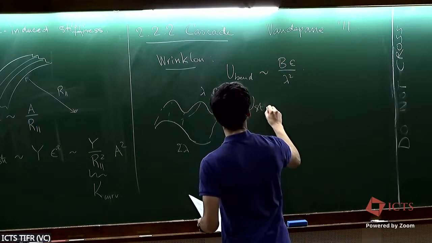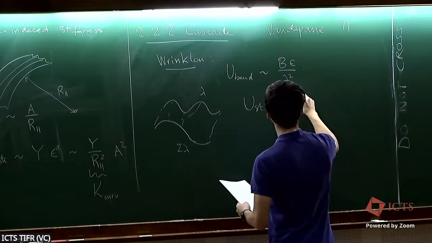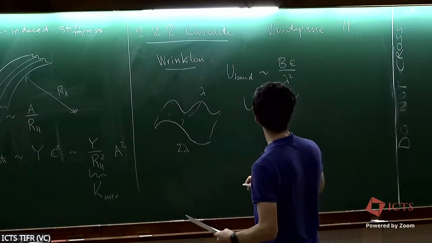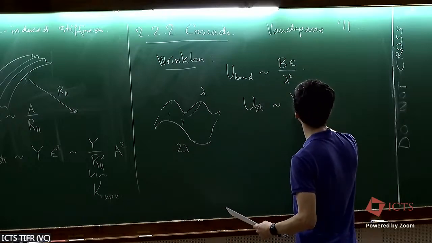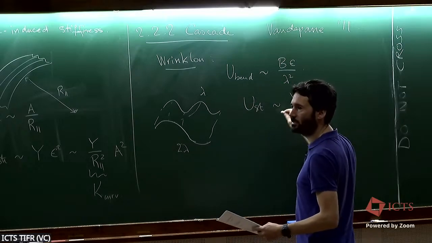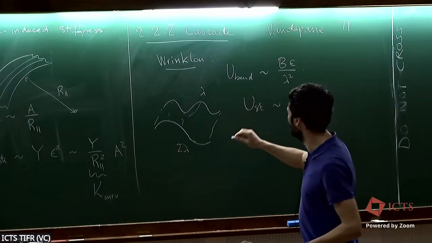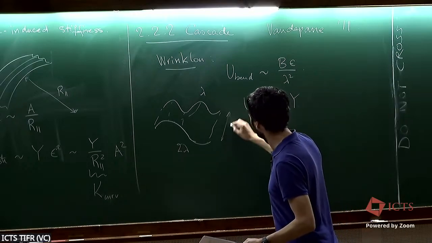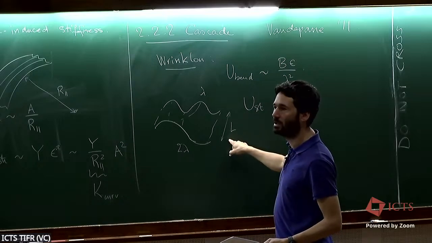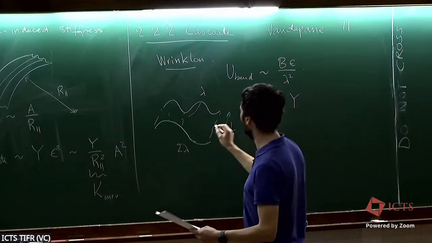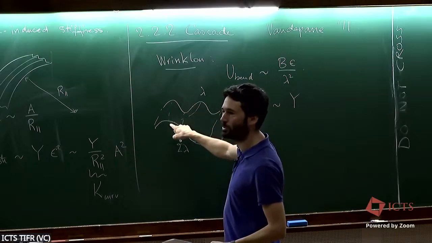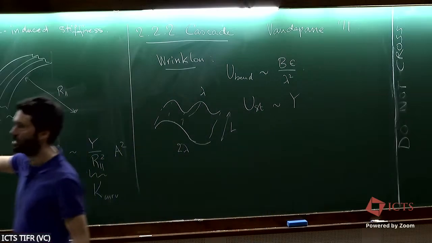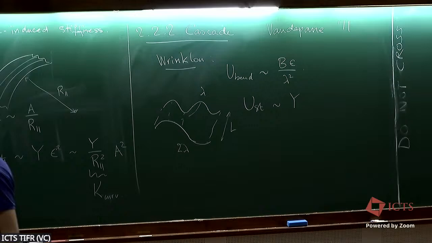The stretching energy is Y times the strain, but in this direction L. And the strain in this direction L, you have to extend the sheet to go from this one to this one. You have to make this kind of shape somewhere in the system.